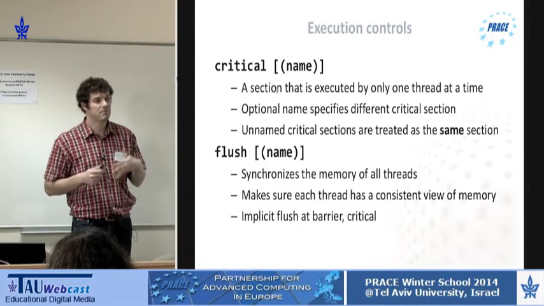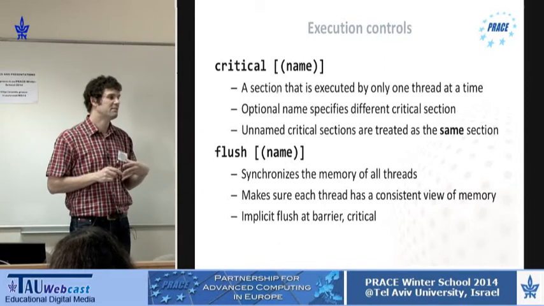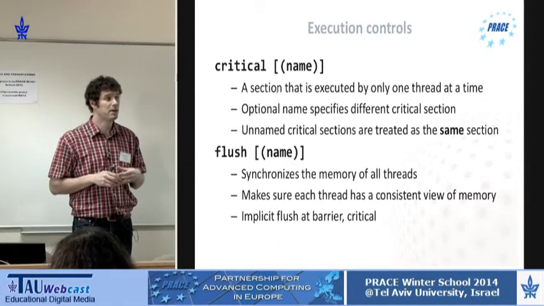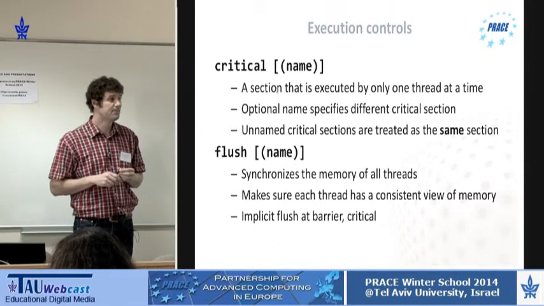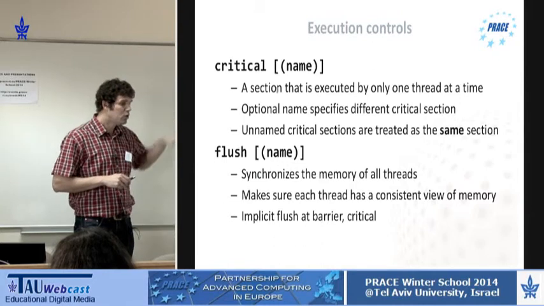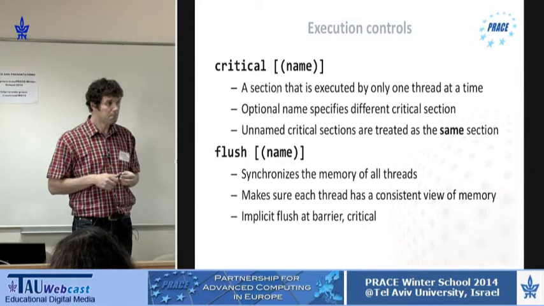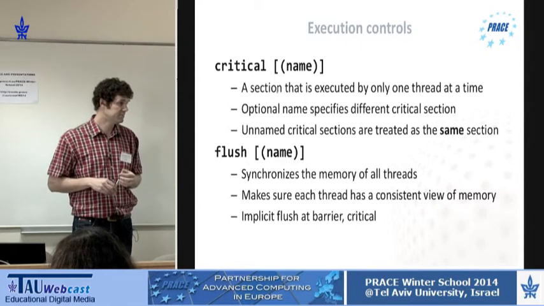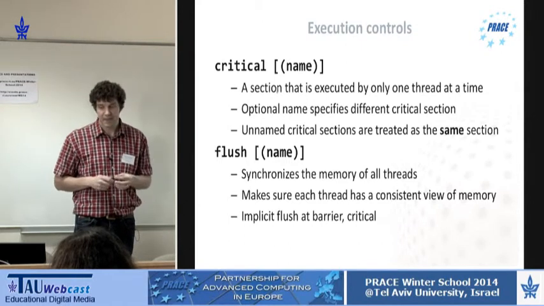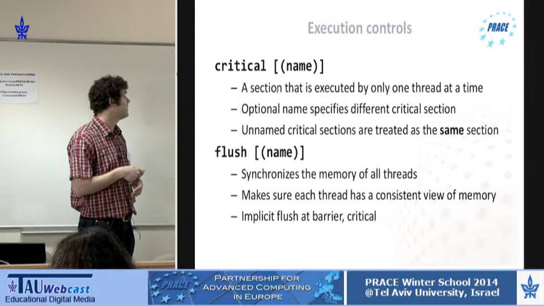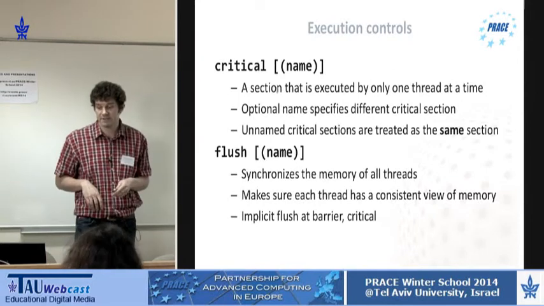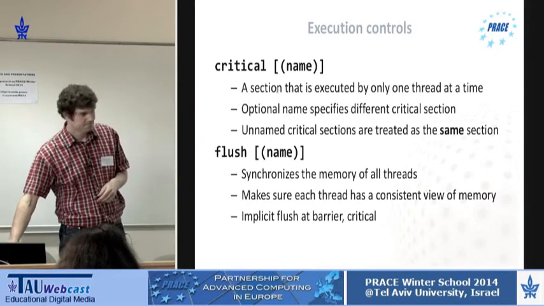But some other thread might have read some variable or some array from main memory. It will be residing in cache, and it can go on after this point only after it has made sure that the memory is coherent. There is an implicit flush at the end of barriers and critical sections.